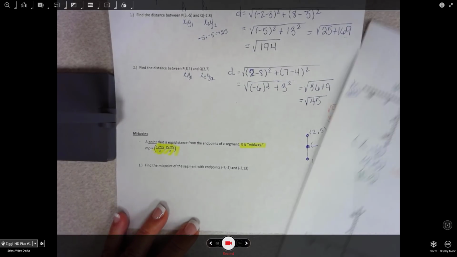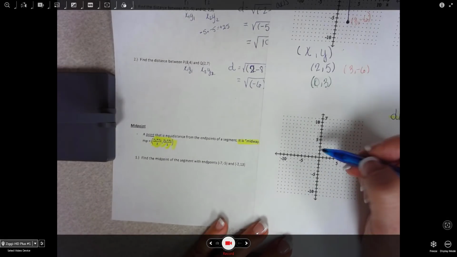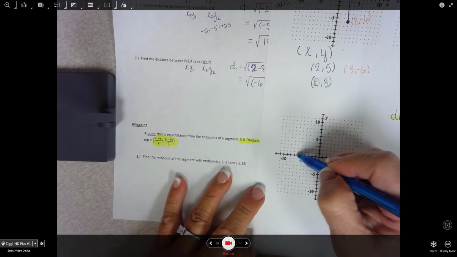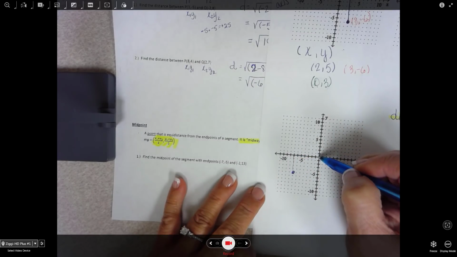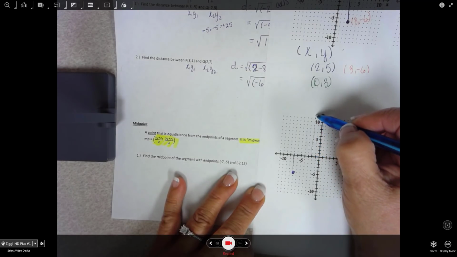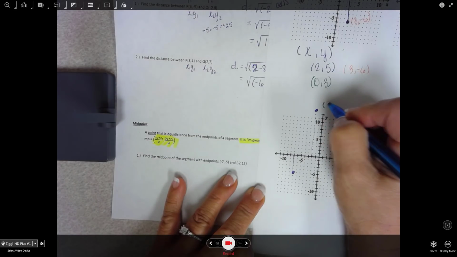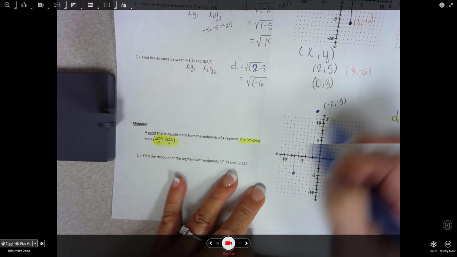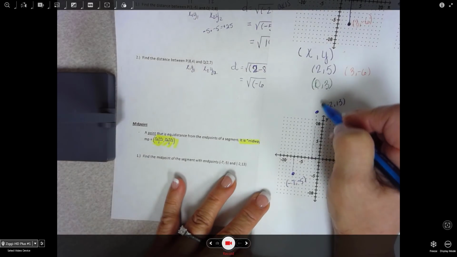So let's see, I'm going to graph these, I think. We have negative 7 and negative 5 right there. And I have negative 2 and 10, 11, 12, 13 way up there. So we have a line segment.